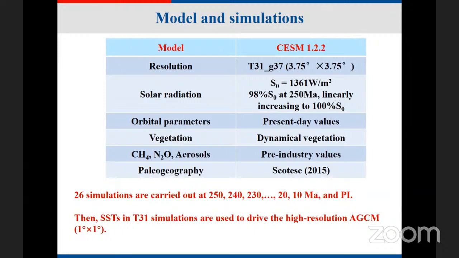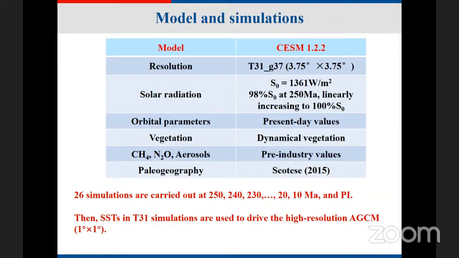For the lower resolution model simulation, here are the parameters. We use the solar radiation starting at 250 MA, that's 98% solar constant compared with the present time. The orbital parameters all are the same as the present day values.